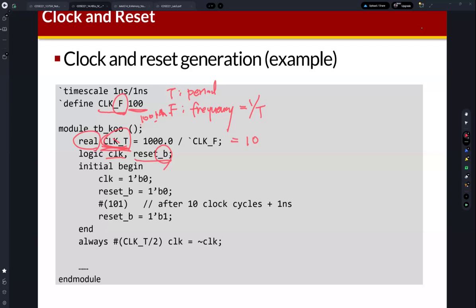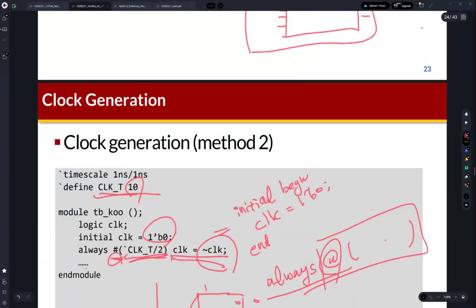Then we need to generate the clock and reset signal. You can find that the clock is initialized as 0, and then you can find the always statement here. So the clock is generated using the second method.